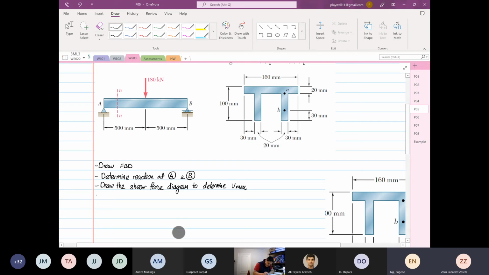Then after that, we're going to calculate the shear stress. Shearing stresses at point A, small a, and shearing stresses at small b. Okay, but before we can calculate the shearing stress, we need to do other stuff. Okay, what are other stuff? We need to determine the centroid position.